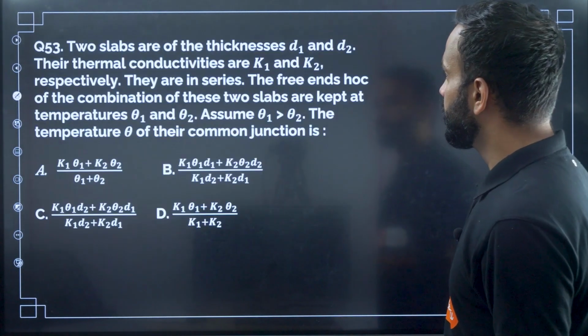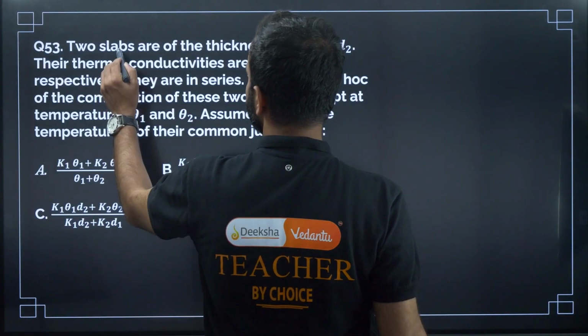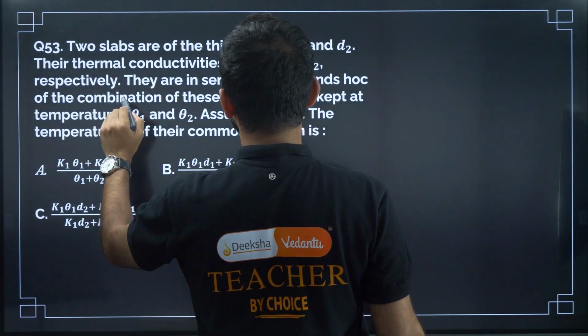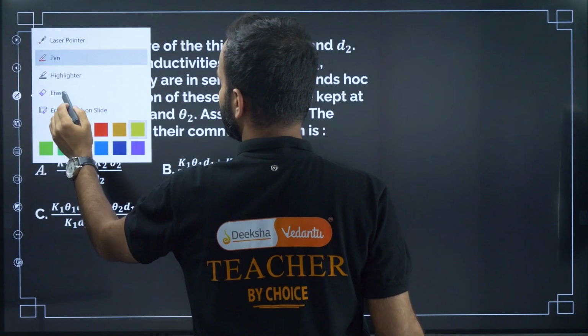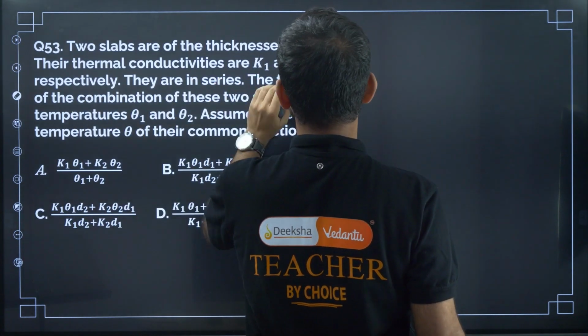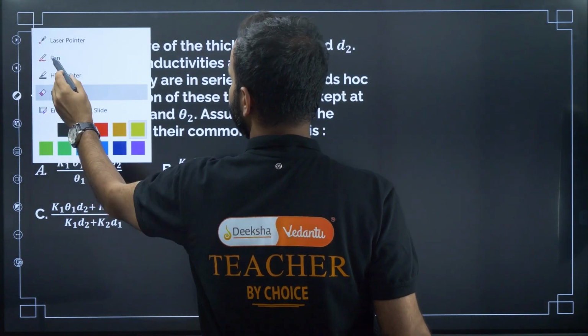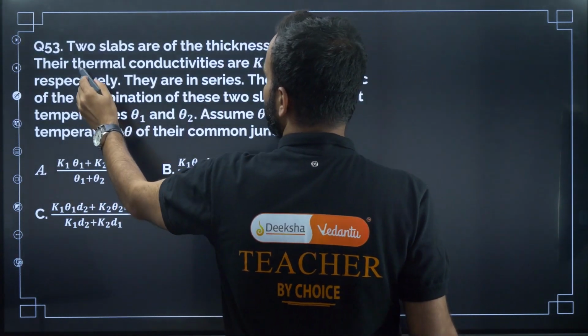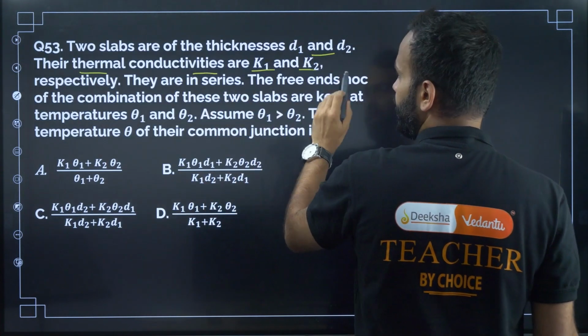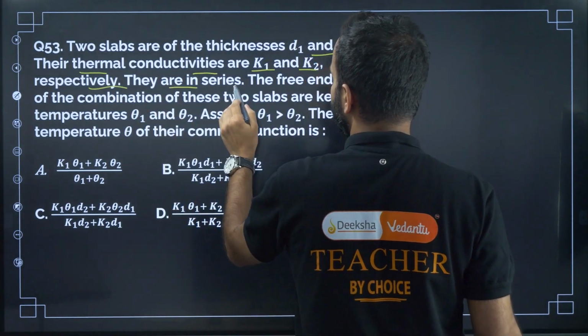Next one, question number 53. Two slabs are of thicknesses D1 and D2, and their thermal conductivities are K1 and K2 respectively. They are in series.